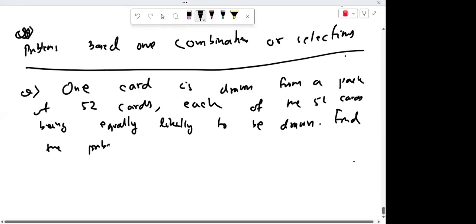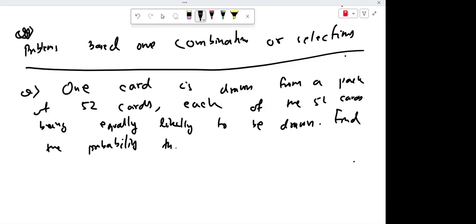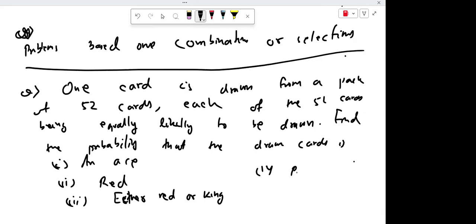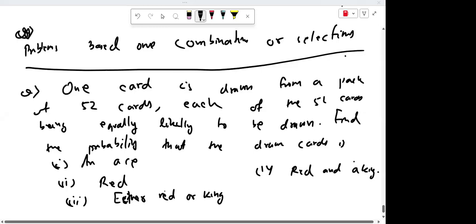Find the probability that the drawn card is an ace, red, either red or king, red and a king. Okay, you can solve this. I will try, sir.